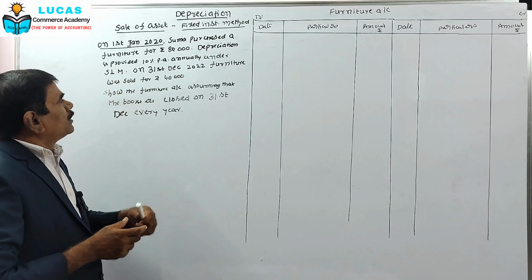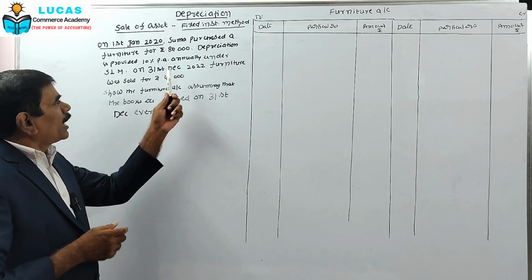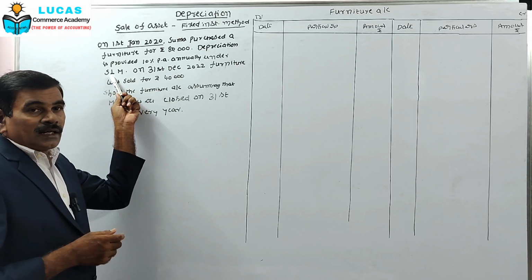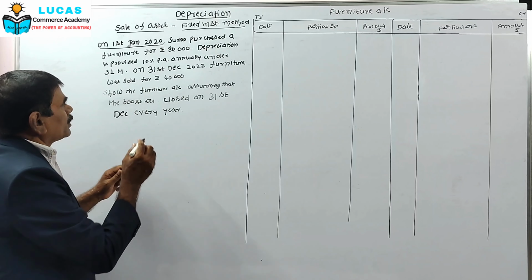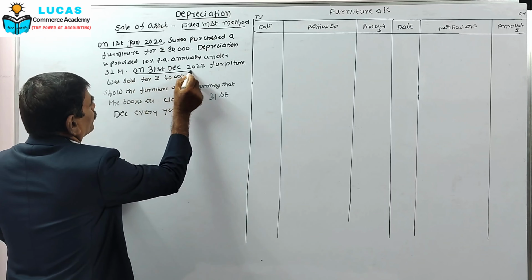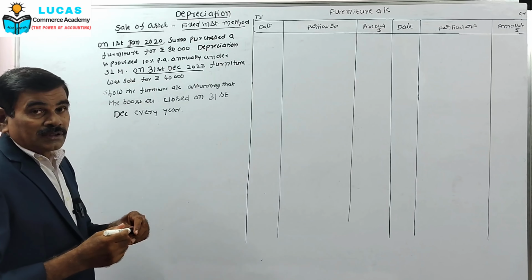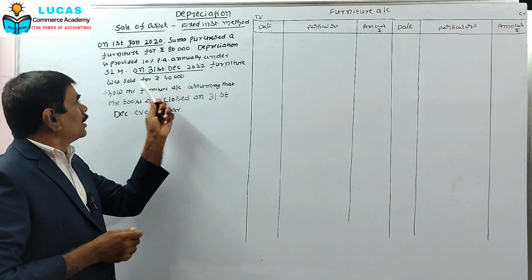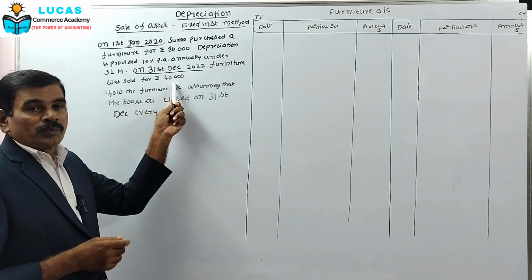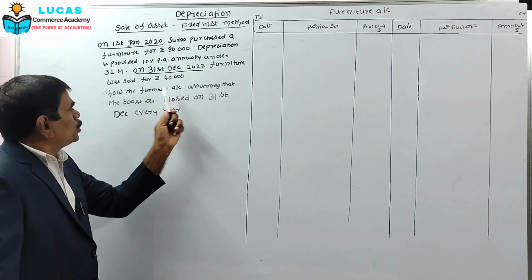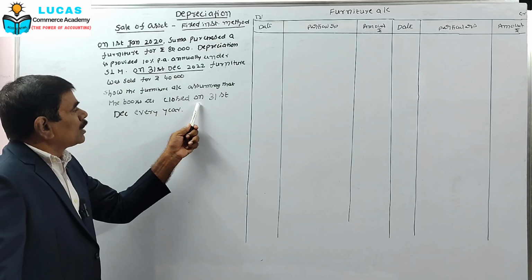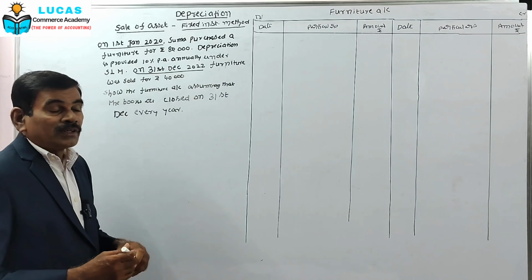Depreciation is provided 10% per annum annually under SLM, means straight line method. On 31st December 2022, furniture was sold for rupees 40,000. Show the furniture account assuming that books are closed on 31st December every year.